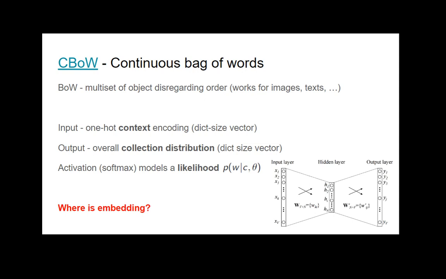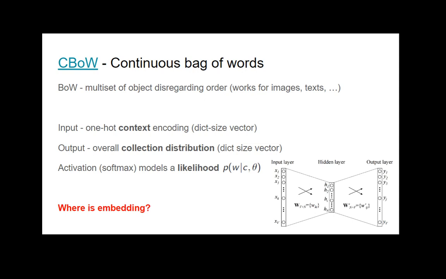So what is the architecture? The architecture is very simple. You have the input, which is the one-hot encoded context, meaning that you take the window, which is controlled by a hyperparameter. So you have a context of 5 words, meaning the word and 2 words of context to the left, 2 words of context to the right.